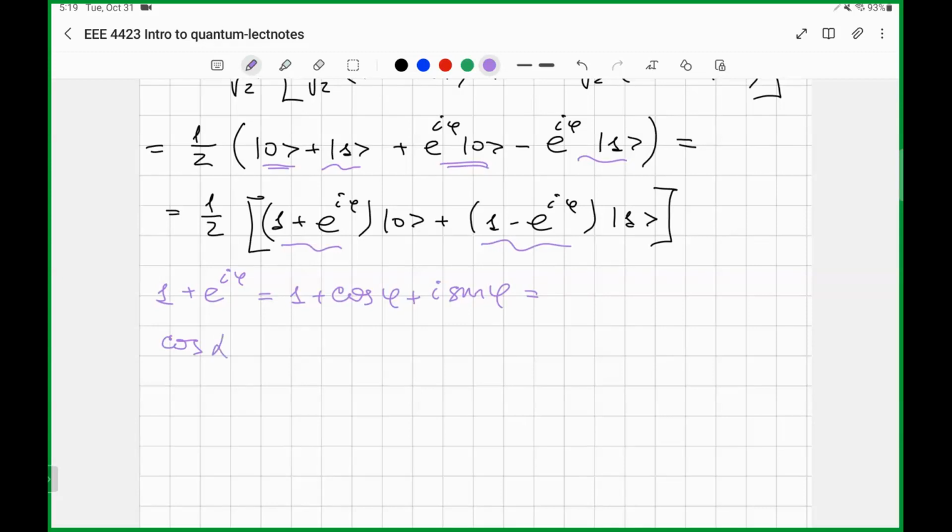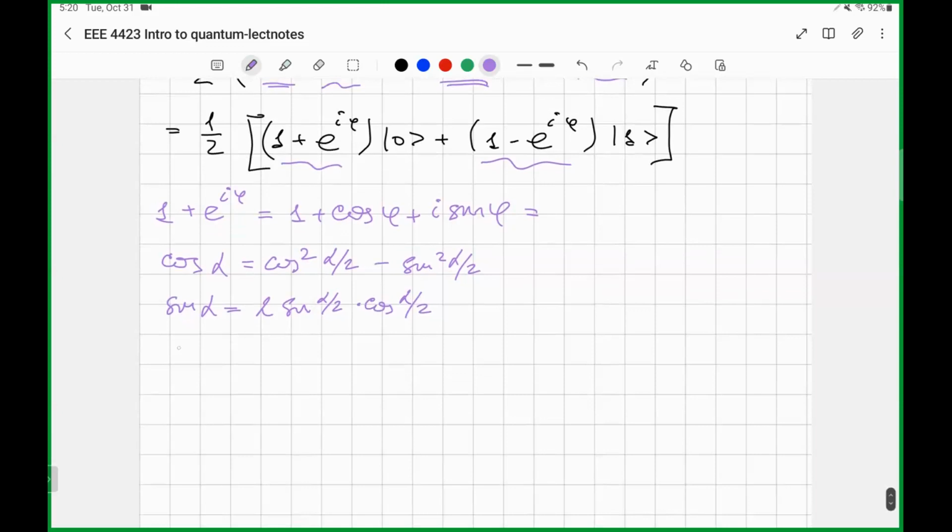Cosine alpha can be represented as cosine square alpha over 2 minus sine square alpha over 2, and in our case alpha is phi. Sine alpha is given by 2 sine alpha over 2 cosine alpha over 2.